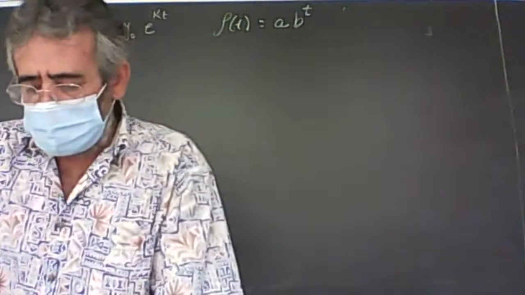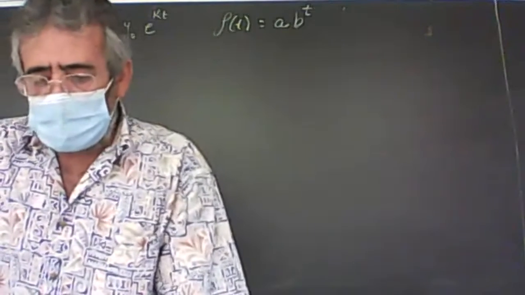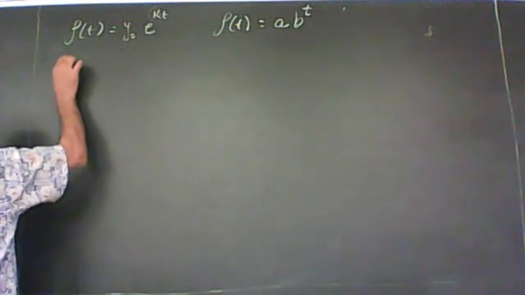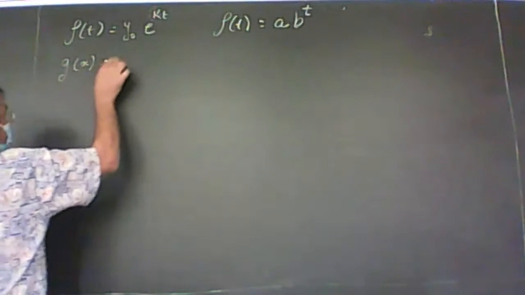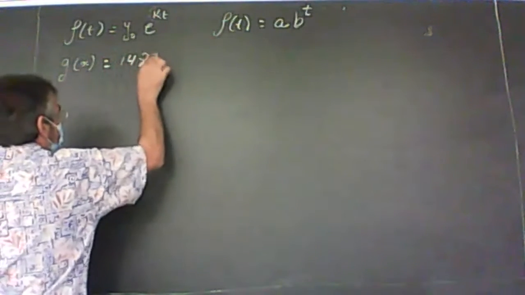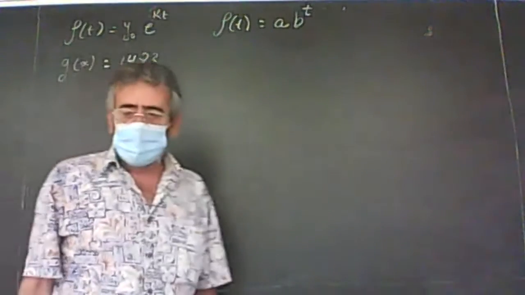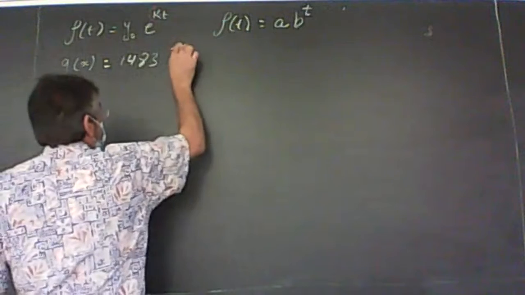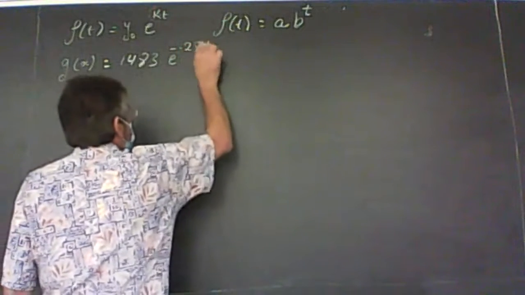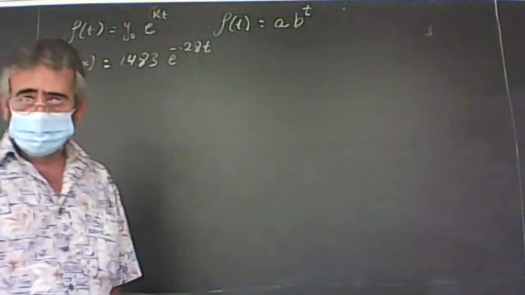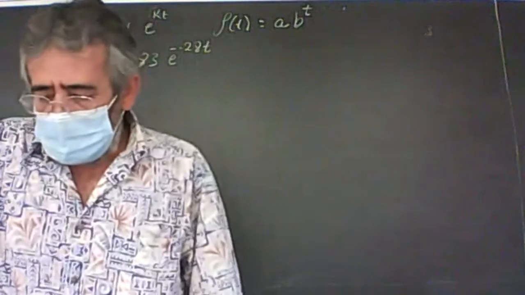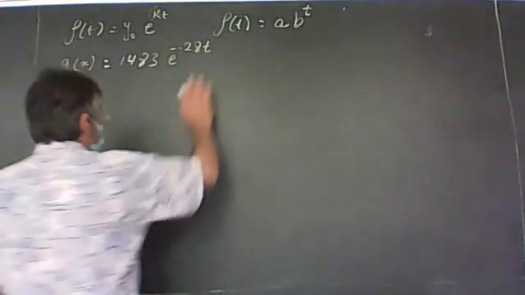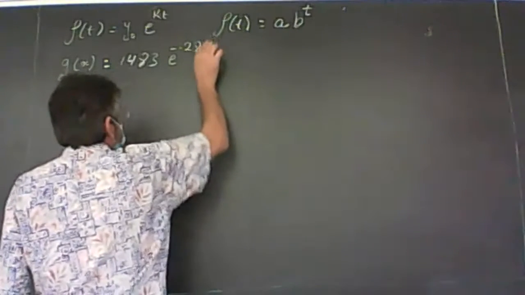It says the number of single-family houses sold can be approximated by the function g of x equals 1483, and they used e to the negative 0.28t. Or did I put x? If I put x, then this should be x.